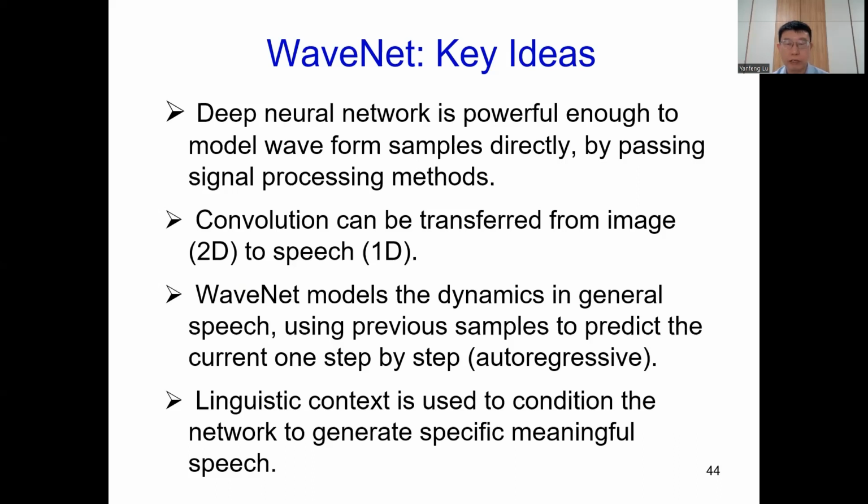And another feature of WaveNet is autoregressiveness, which means it generates samples based on previous samples. So it generates samples one by one, but the current sample is based on the previous samples. And in order to generate meaningful speech, linguistic context has to be used to condition the network.